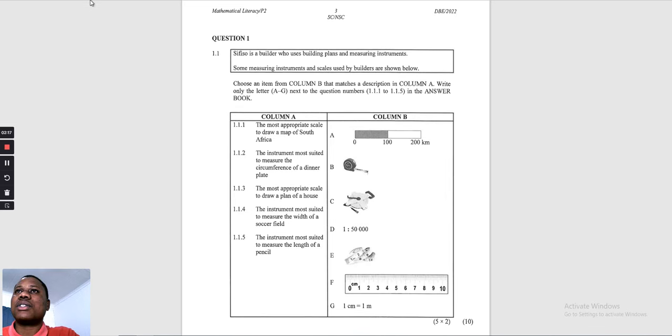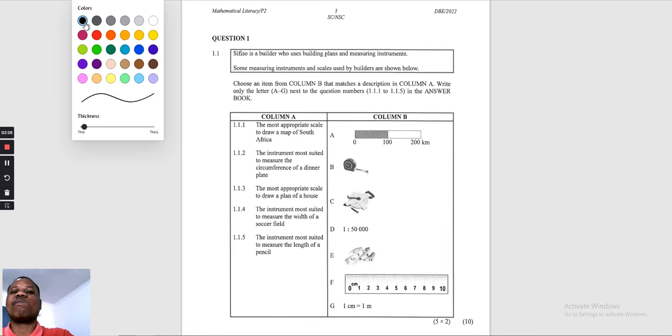They say Fiso is a builder who uses building plans and measuring instruments. Some measuring instruments and scales used by builders are shown below.